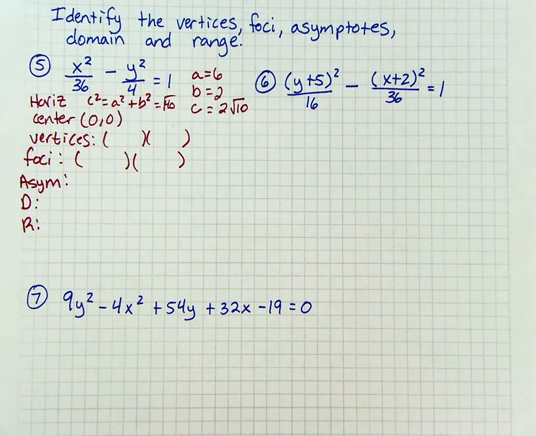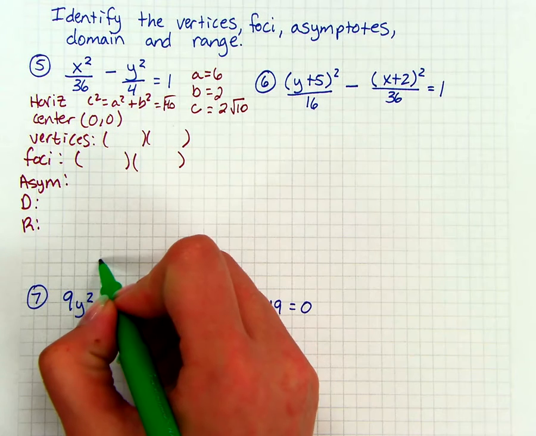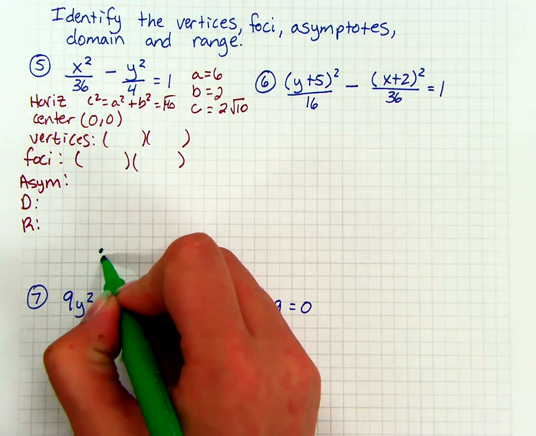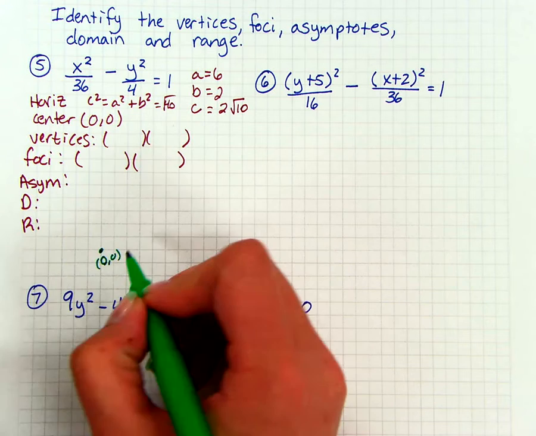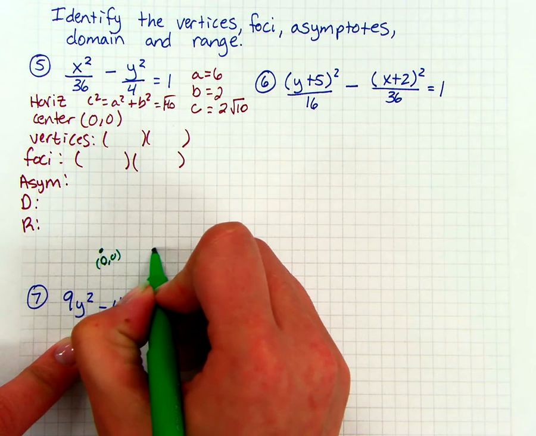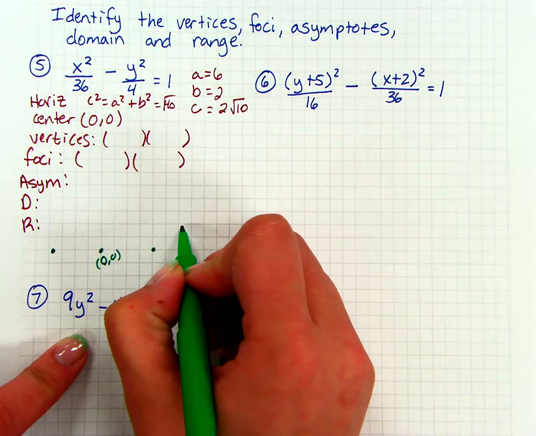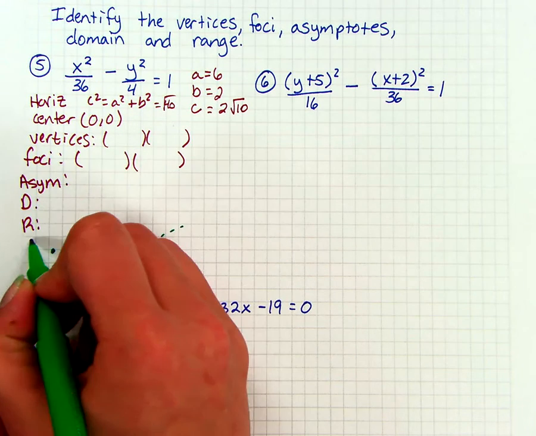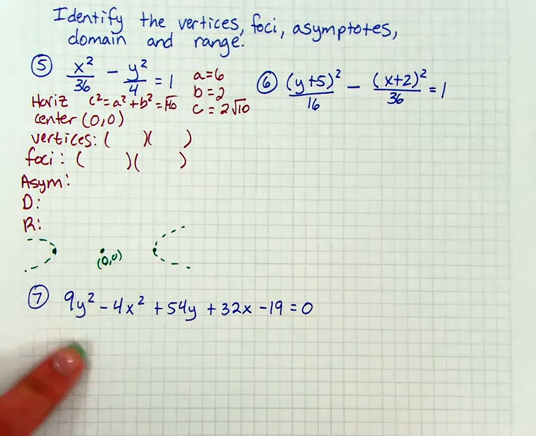Now, just to give us kind of a basic idea of our graph, so again, we're going to have the center, so that's our 0, 0, and it's going to be horizontal, so we'll have a vertice out here somewhere. And then it's going to open up this direction. Okay.